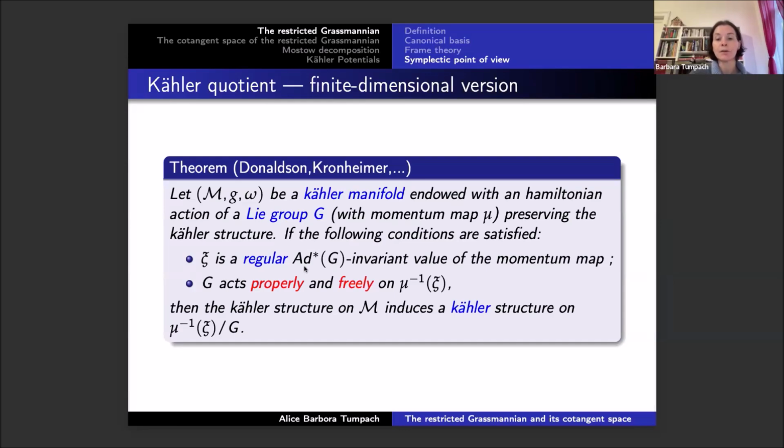This ensures that the level set corresponding to this value is stable by the action of G. And we also suppose that G acts properly and freely on this level set, to ensure that the quotient will be a smooth manifold. Then the quotient is not only a smooth manifold, it inherits a Kähler structure from the Kähler structure of M. Meaning that on the quotient there is a natural symplectic, Riemannian, and complex structure which are compatible.